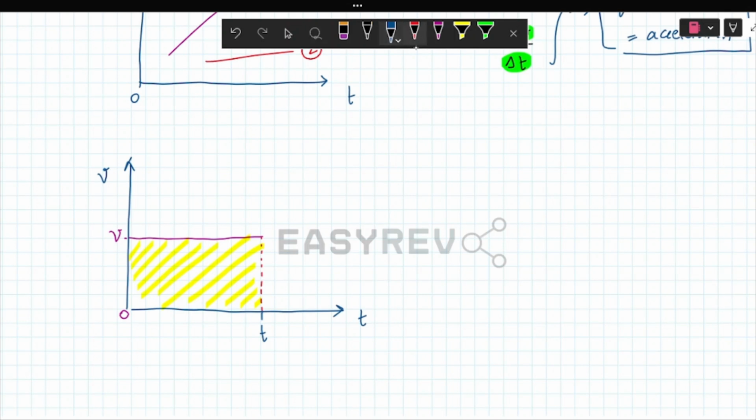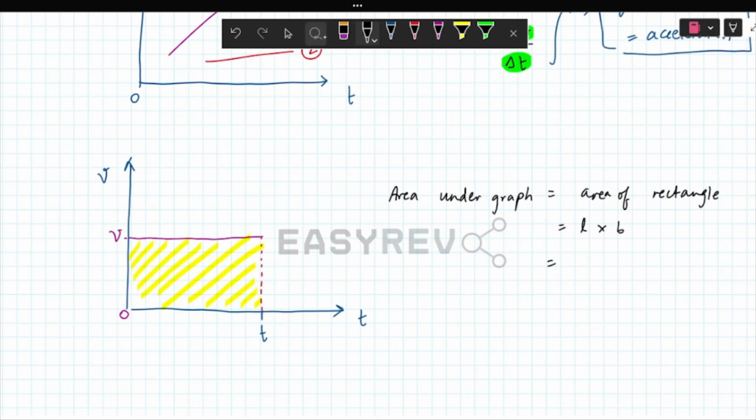Now if I look at the shape of this shaded region, it's basically the shape of a rectangle, which means the area underneath the graph in this scenario is basically the area of the rectangle, which we are all familiar with, is just length times breadth.